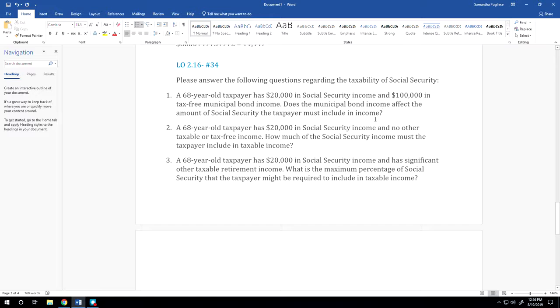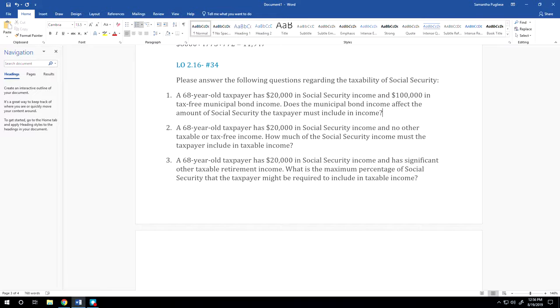So it's so cool. Okay, a 68-year-old taxpayer has $20,000 in Social Security income and $100,000 in tax-free municipal bond income. So you will remember when you look at the Social Security worksheet that has to be filled out in order to determine taxable Social Security, and you actually are going to fill out one of those in number 33 in your homework.